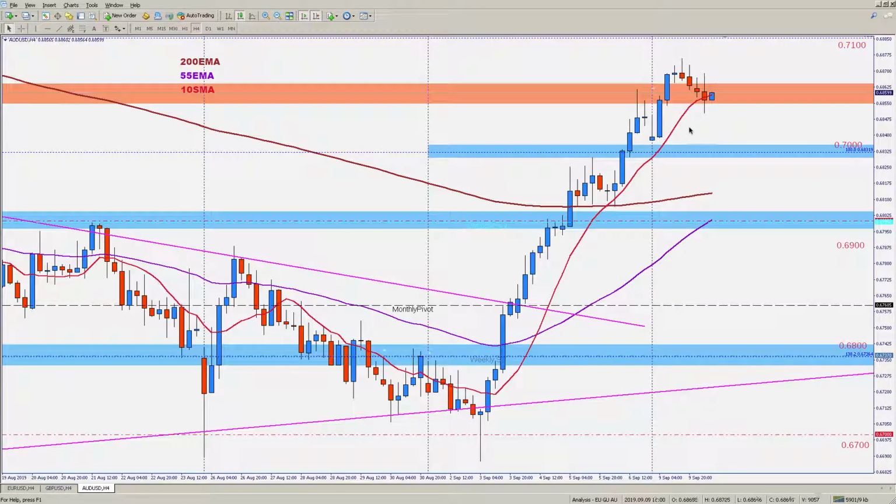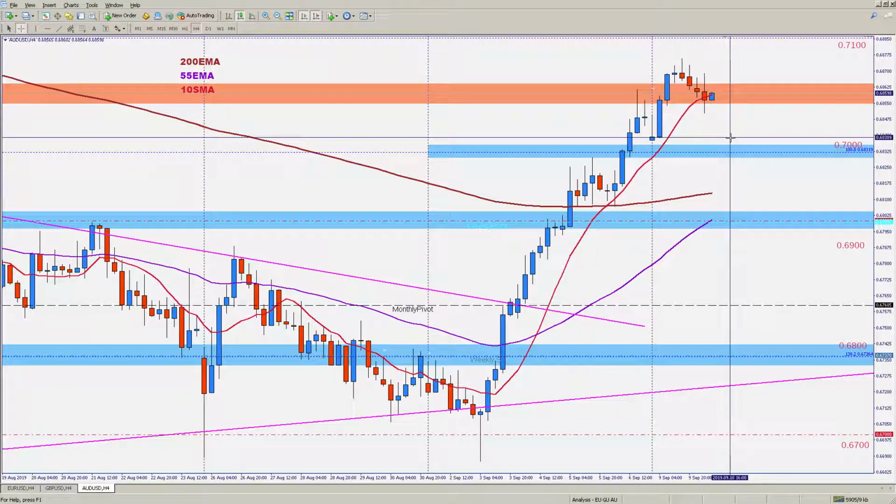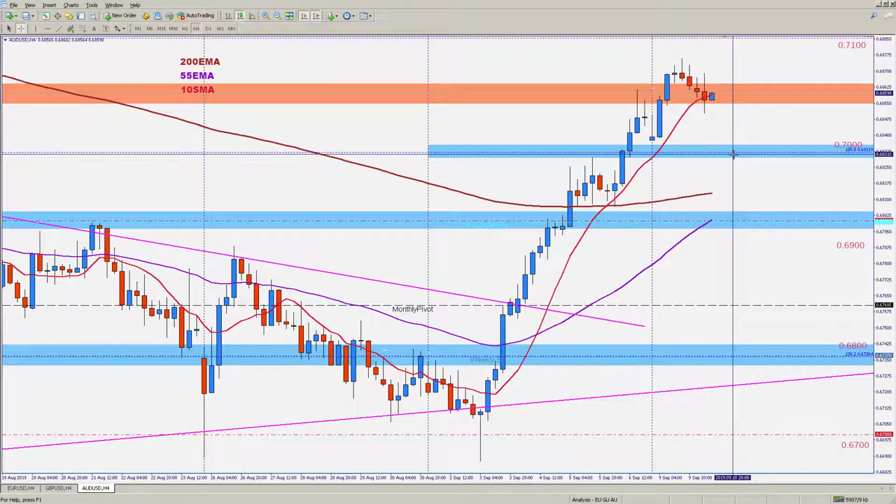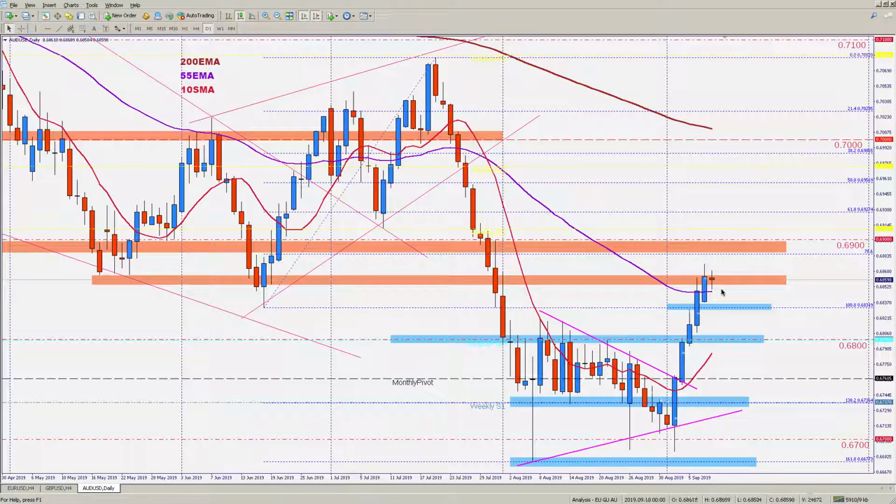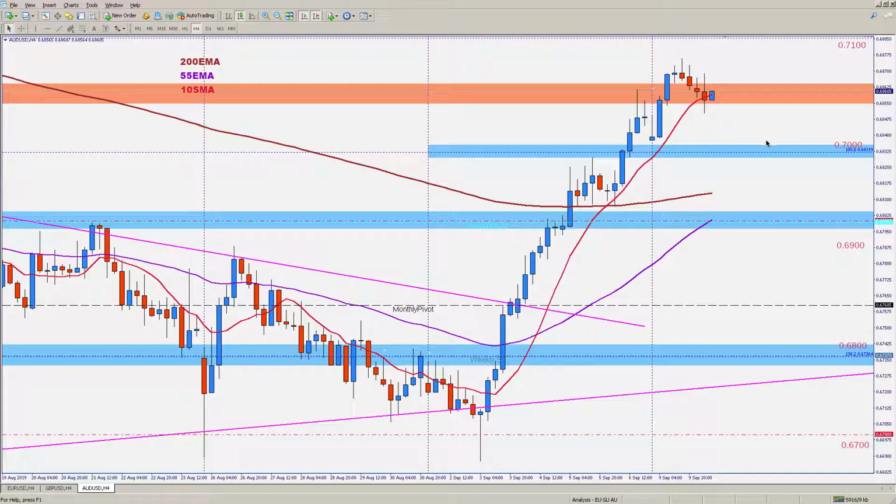Looking at the 4-hour time frame, there could be some retracement, but there should be support from the 50% fib area, and at the 100% fib area, which was the swing low.